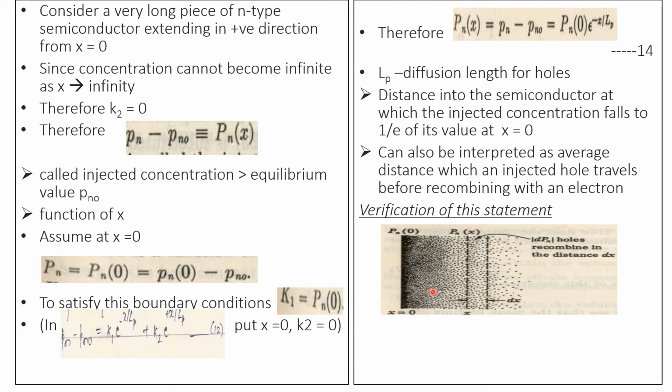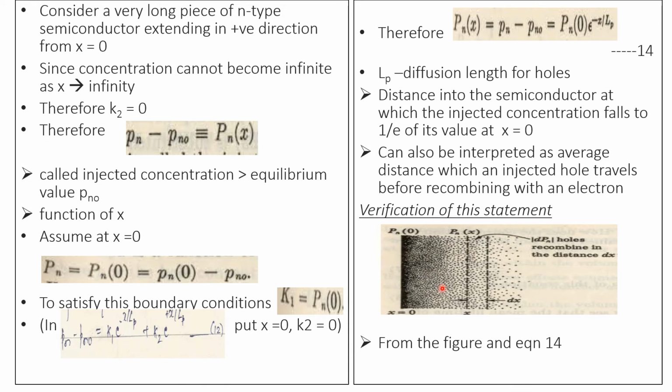This is a semiconductor. This is at x equal to 0. This is one end of the semiconductor. We are considering the distance x equal to 0. This distance into the semiconductor we will take as x. And this distance is dx. At x equal to 0, the concentration we denote as p_n'(0). And at x we will denote as p_n'(x).